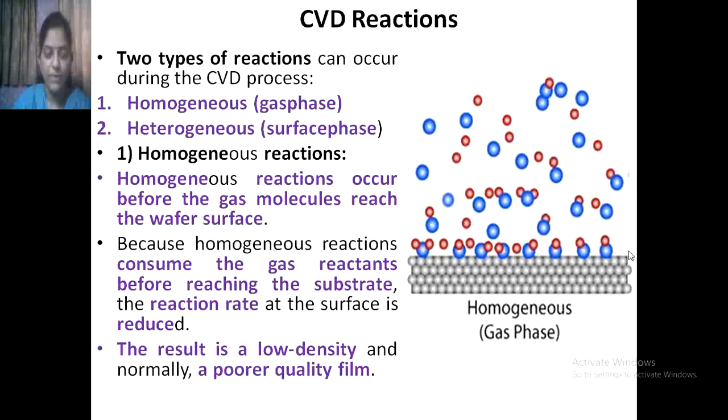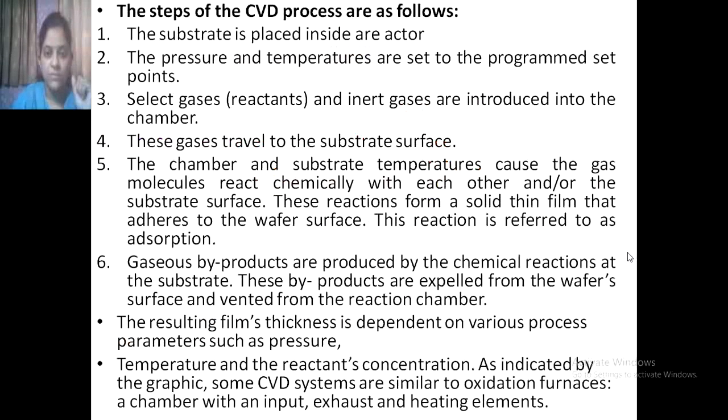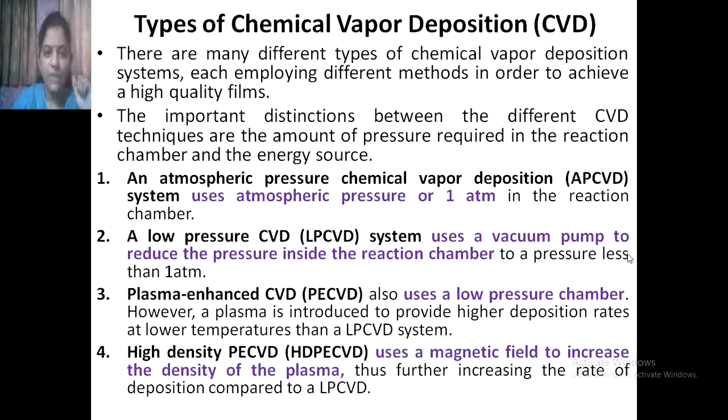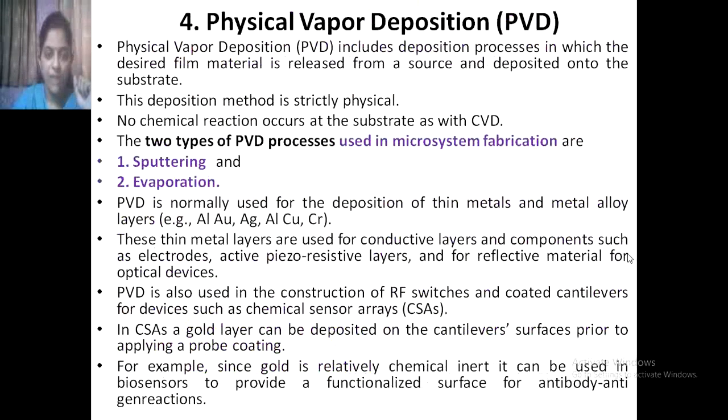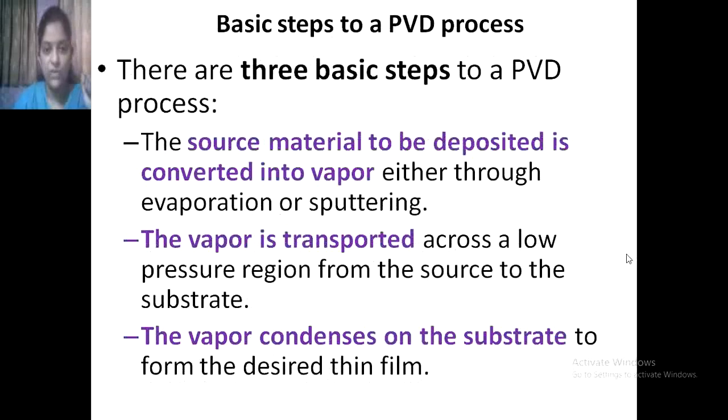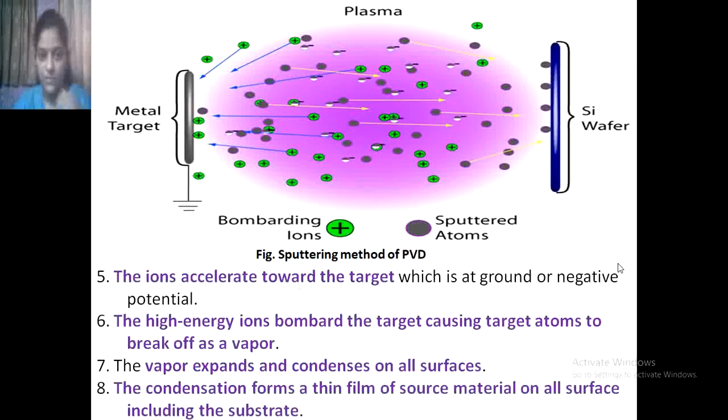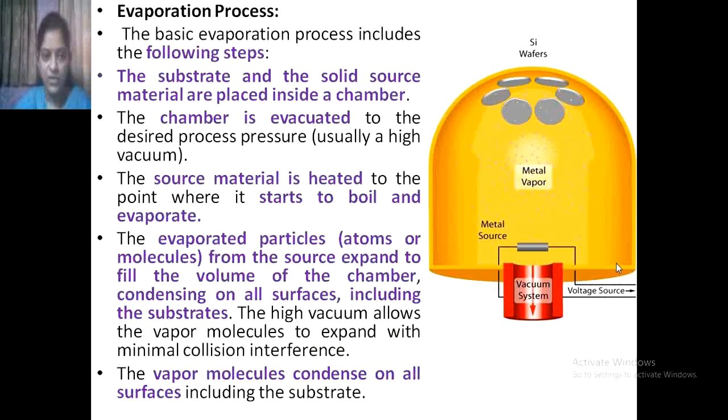In chemical vapor deposition, homogeneous and heterogeneous reactions are there, and there are 4 types in a CVD. After that, physical vapor deposition we have seen: sputtering, evaporation.